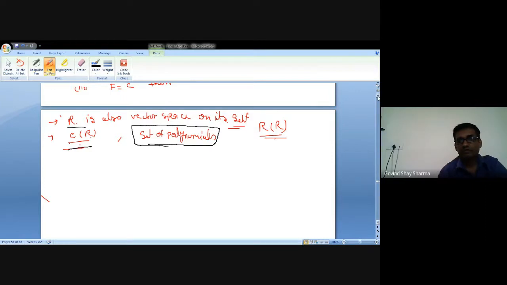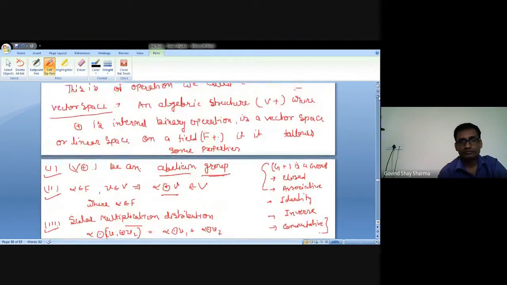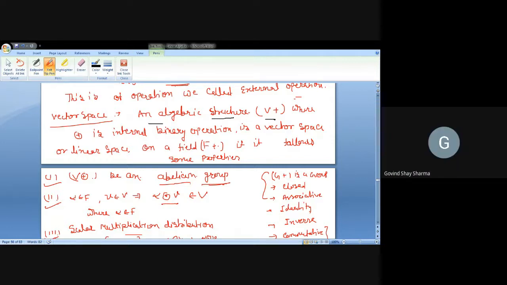So here we see again, an algebraic structure V plus is called a vector space if it has an internal binary operation, which I have already told is closed. So V plus is an abelian group.